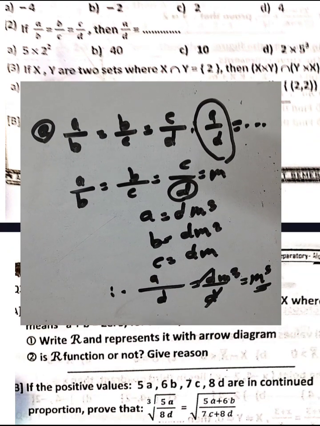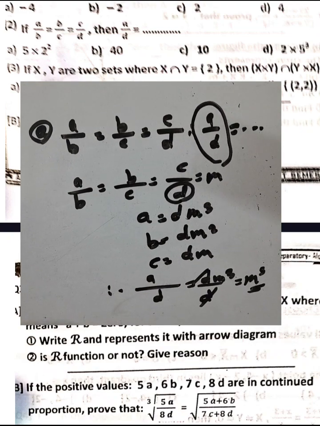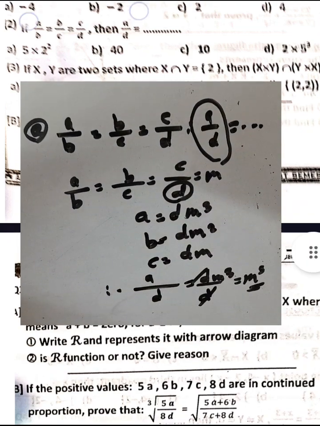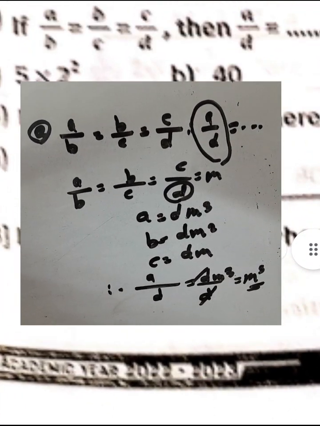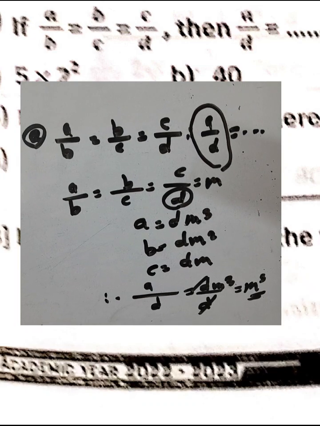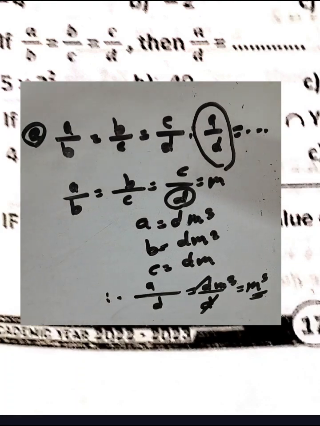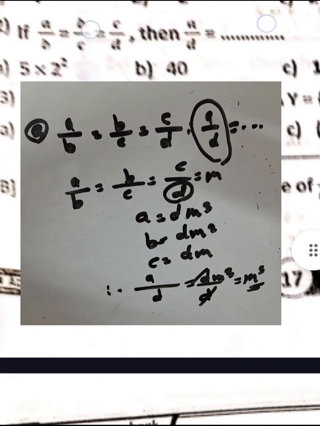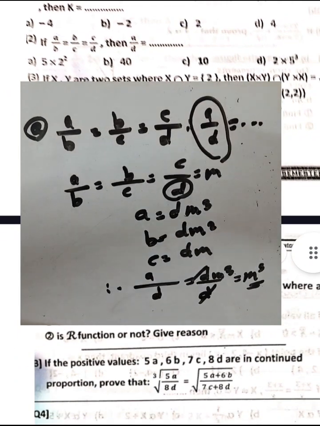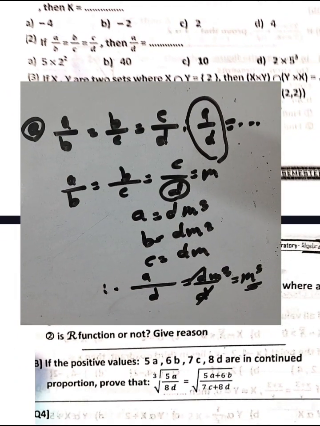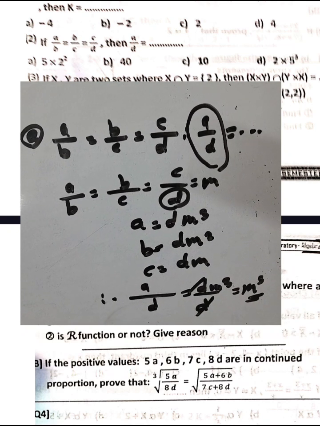So the result is a over d equals m power 3, where m is this number from a over b equal b over c equal c over d. Some students may say it is not clear, that you must put digits here, like 5 power 3.